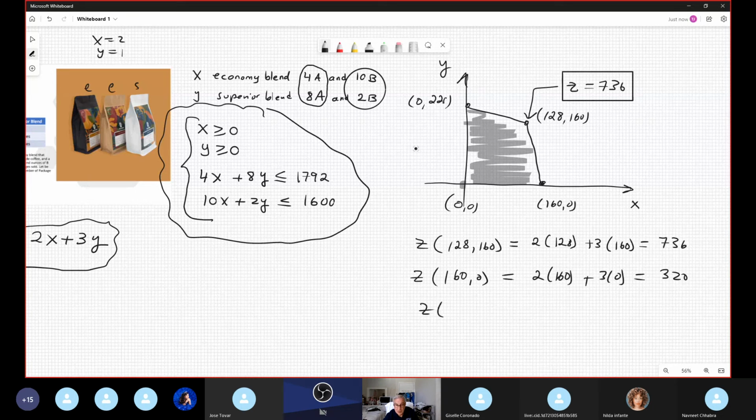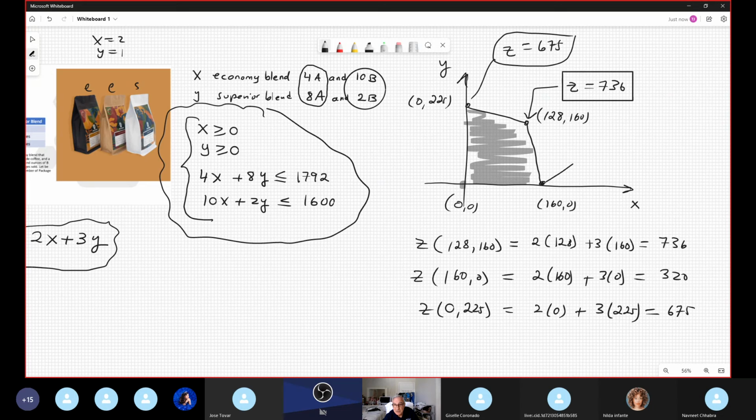And evaluate at 0,225. So no economy, only sell 225 packages of superior at $3. And the answer is 675. Here is C equal 775, and this is C equal 320.